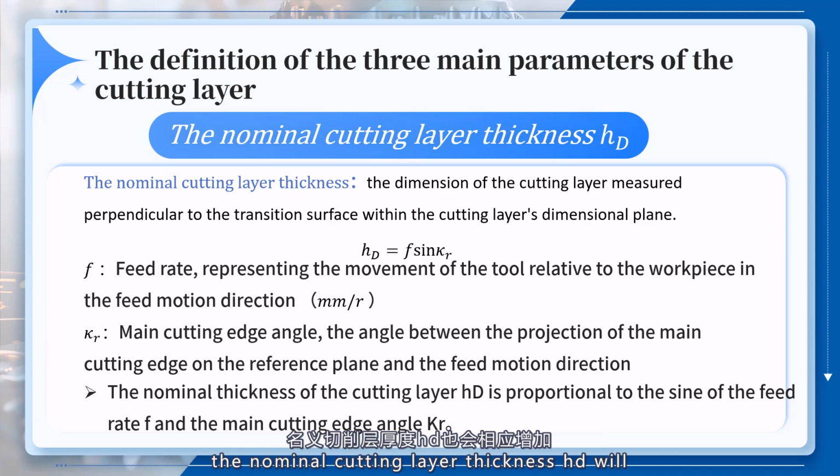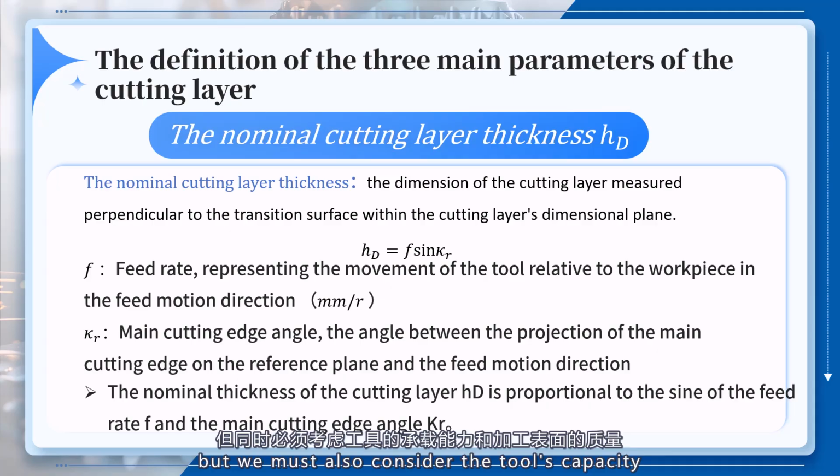In practical applications, if we need to remove a thicker layer of material, we can appropriately increase the feed rate or the principal cutting edge angle. But we must also consider the tool's capacity and the quality of the machined surface.